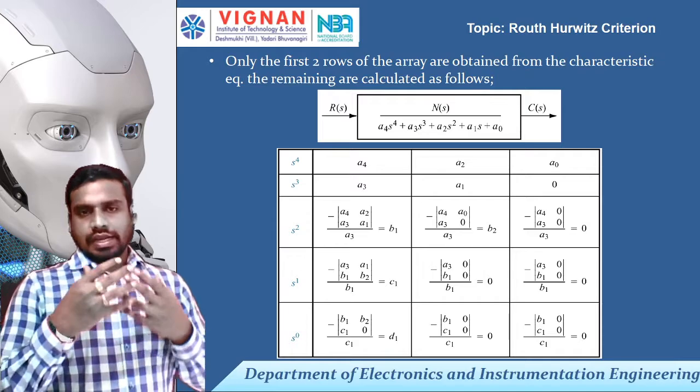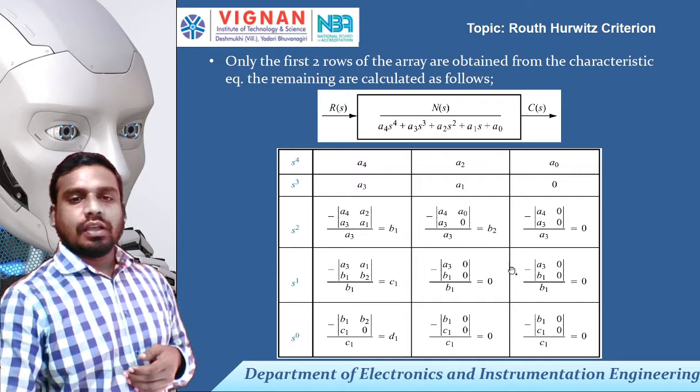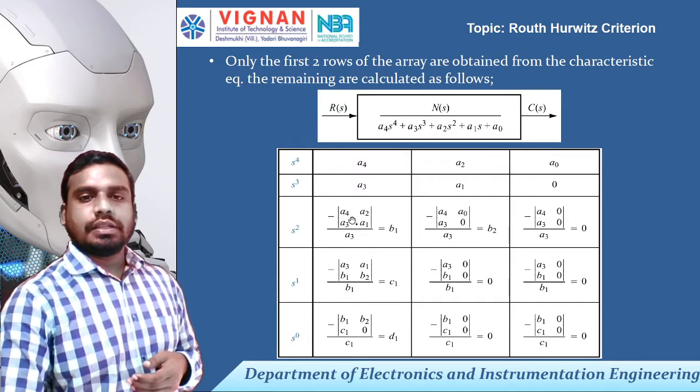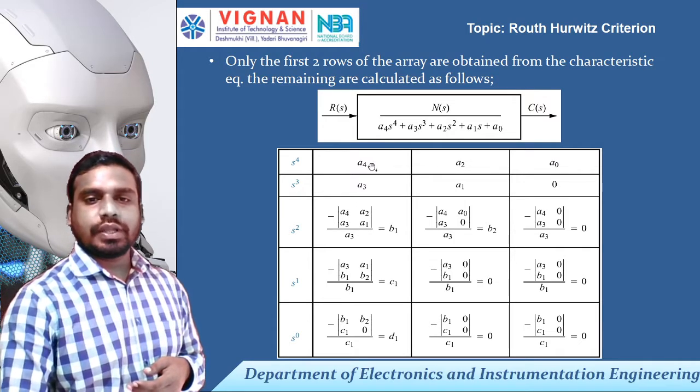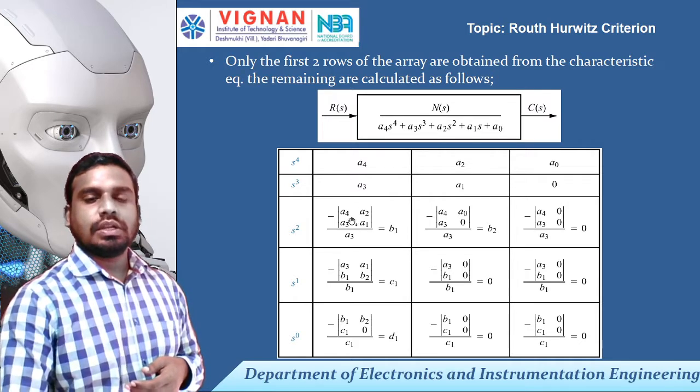Once you write the first two rows, how to write the third row? Write A4, A3 here, and A2, A1. Write it this way, it will be easy for you.